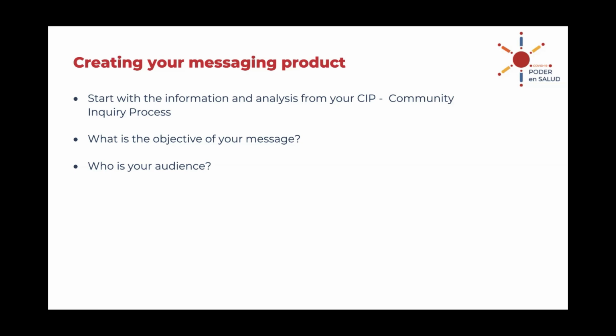That really leads into that second bullet point, which is what is the objective of your message plan. And I think some of you mentioned it in your CIP form that you handed in just this last week. Some of you talked about masks, the importance of masks. Masks is the topic, but the objective is a little bit more specific.